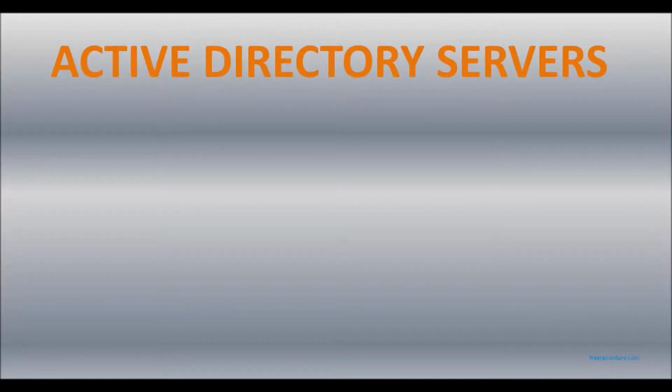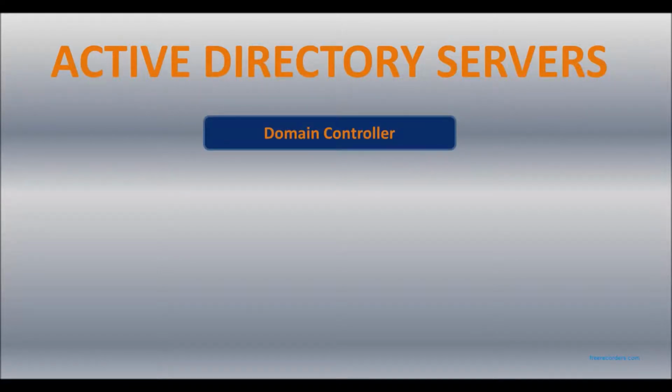Now, whenever you install Active Directory onto a server, you install the Active Directory domain services role, that server becomes a domain controller. He is now in charge of a domain. All right, he can have user accounts, passwords, he can have groups, OUs, he can have all the pieces of the Active Directory puzzle.